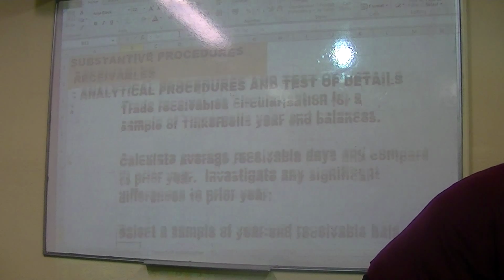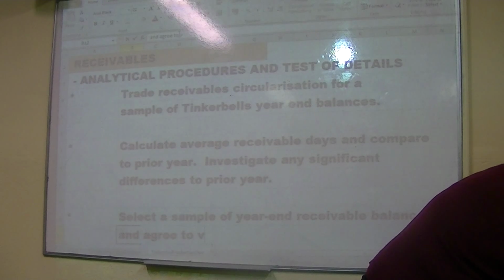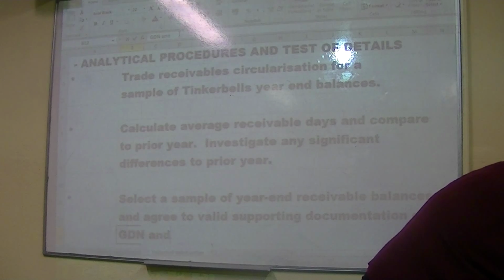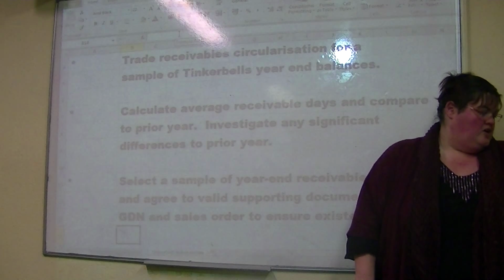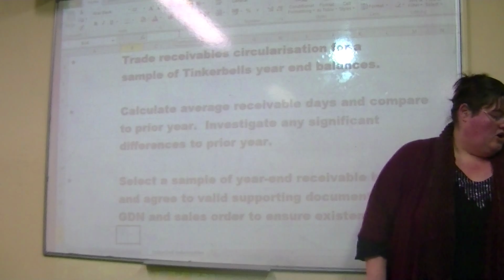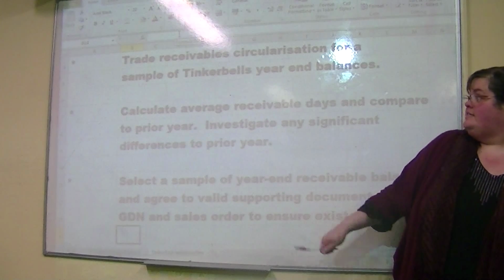Select a sample of year-end receivable balances and agree to valid supporting documentation of GTNs and sales orders to ensure existence.